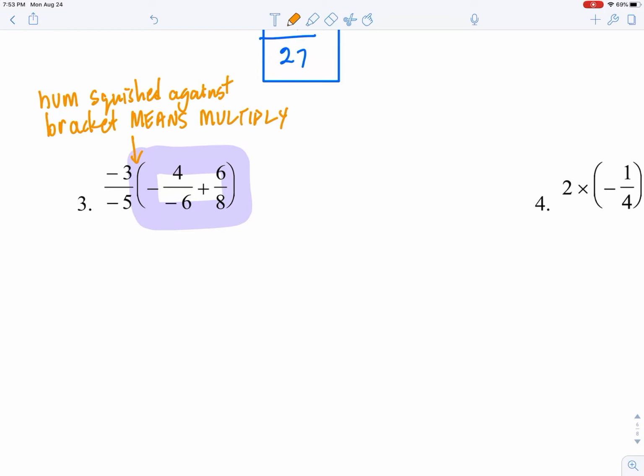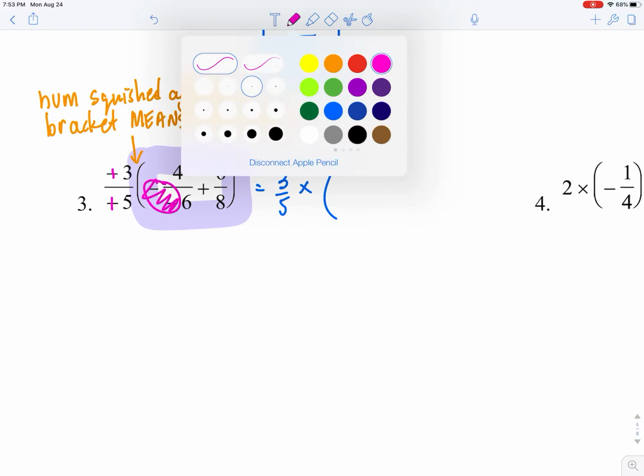So that number squished against that bracket means it's going to be minus 3 over minus 5. First off, minus minus turns into a positive, so it's going to be 3/5 times whatever comes out of here. I've got another minus minus here, so again it turns into a positive.